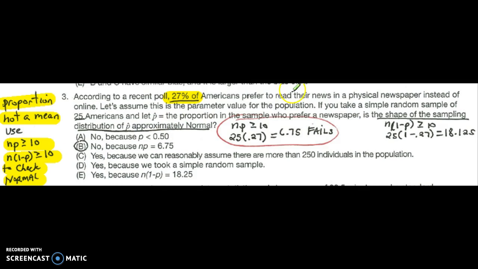They say assume that this is the parameter of the population. So I calculate my NP and my NQ, and I get 6.75 and 18 1/8. They want to know, is this shape normal? The answer is not normal because NP was 6.75.